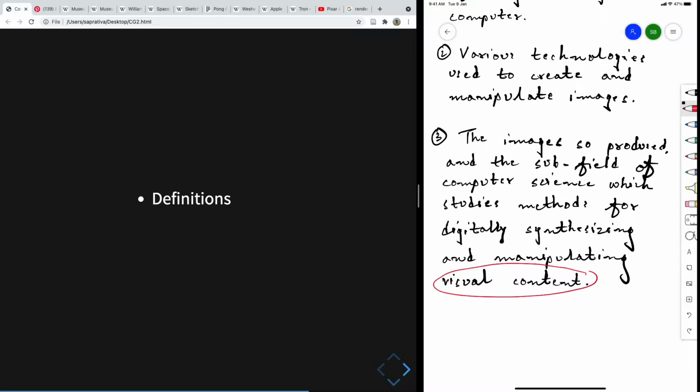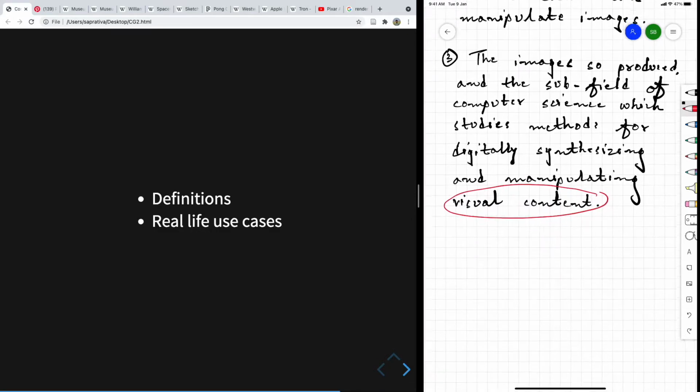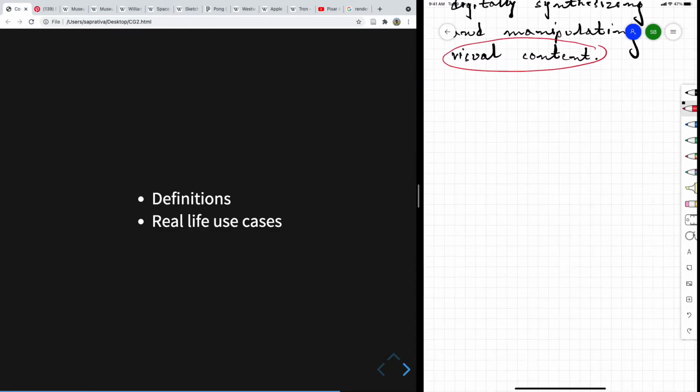So now let us talk about what are the real life use cases of computer graphics, that is, where do we see computer graphics in our real life and why we should study this course. So these days computers are using computer graphics in a variety of real life situations.